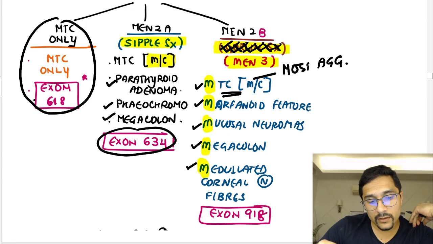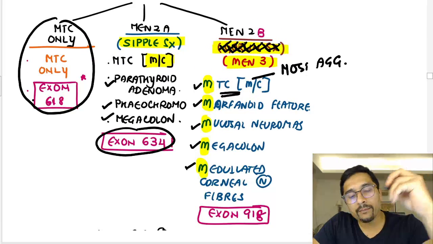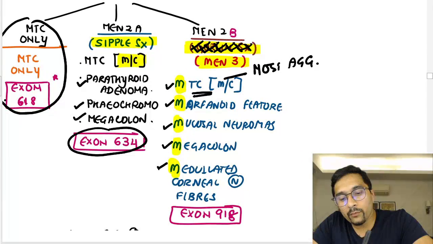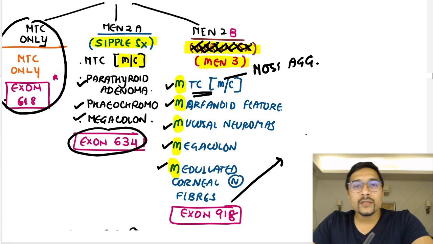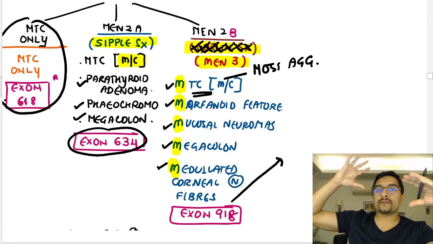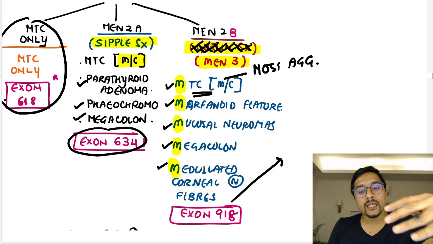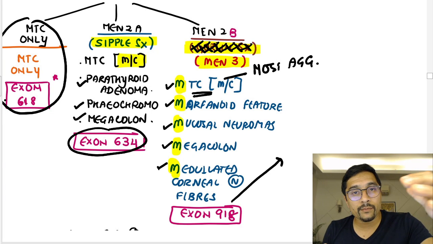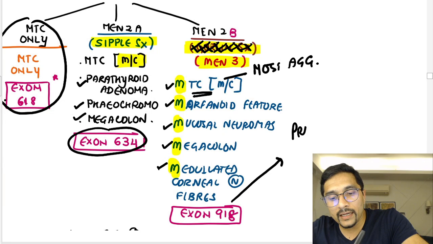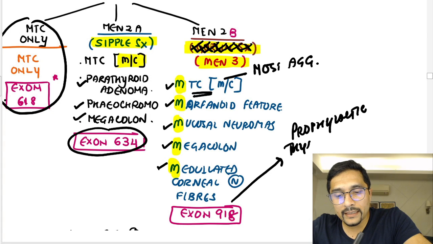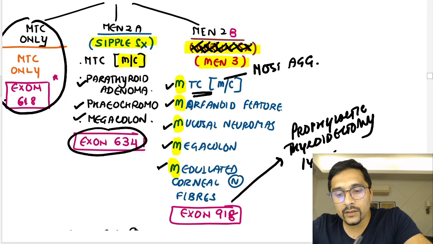Now, the reason for knowing these exons is that MEN2B has the most aggressive mutation. So supposing a father has MEN2B syndrome and the child is born, the child will be tested at birth. If the child has the faulty gene and has an exon 918 mutation, then prophylactic thyroidectomy needs to be done by 1 year of age.